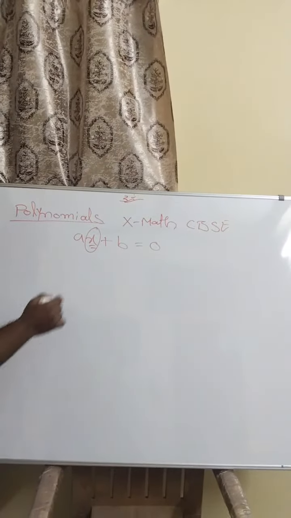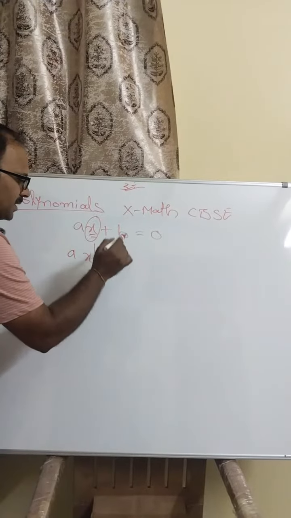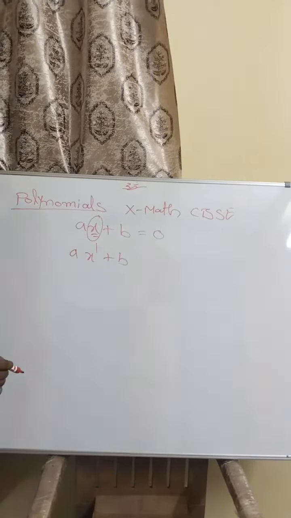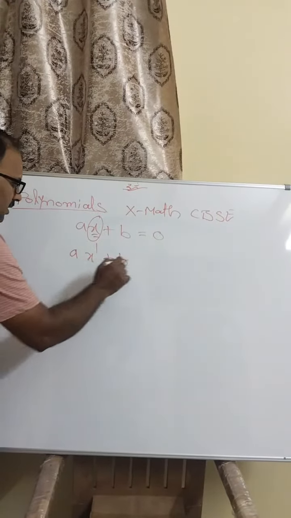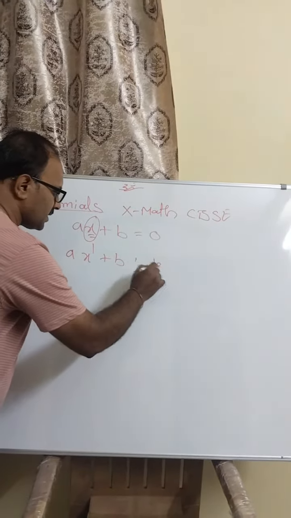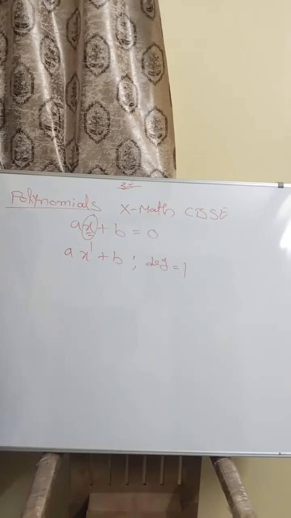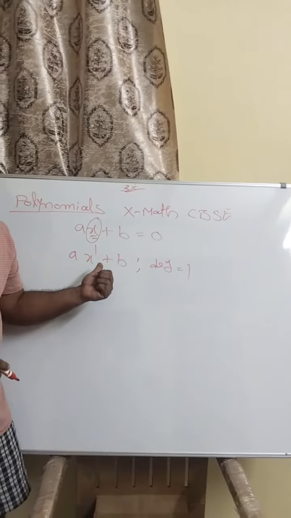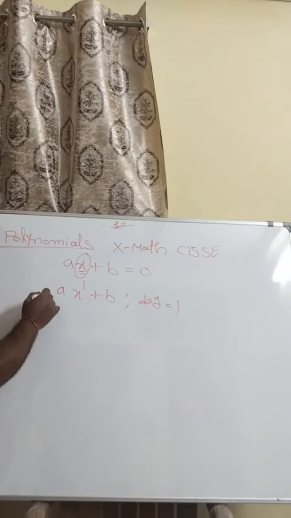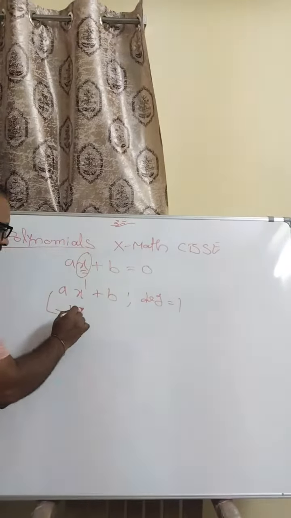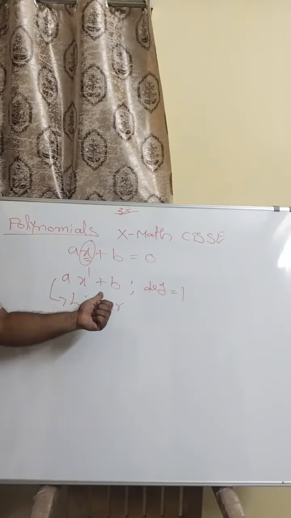If you observe here, it is a into x power 1 plus b. So this is a polynomial with degree 1, and further we can say this is a first order polynomial. Moreover, the nature of this polynomial is linear.